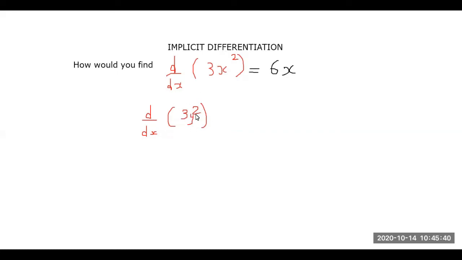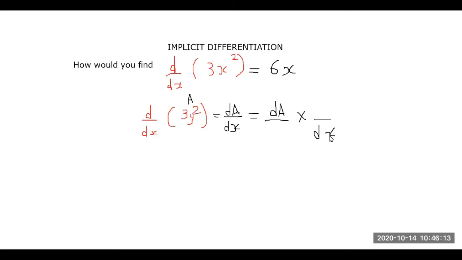Now think of 3y squared as some letter A. In reality, what we're trying to find is dA by dx. Just think of all of this as A. From the chain rule, we know that dA by dx would be equal to dA by something times something by dx.